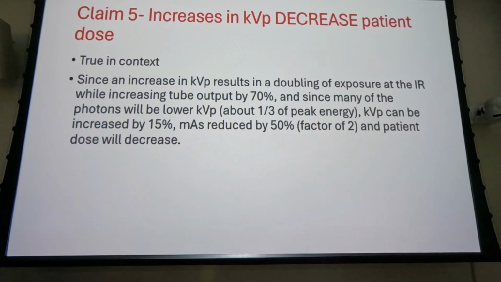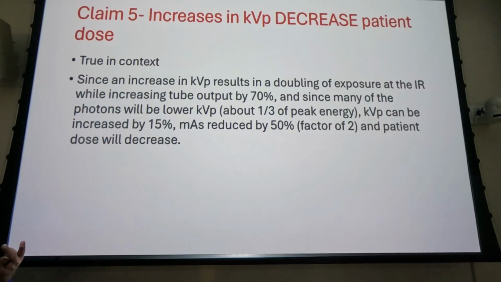So if an increase in kVp increases tube output by 70%, but doubles image receptor exposure, what that means is more of that increase is going through the patient and striking the image receptor, not being absorbed into the patient. What type of interactions in the patient drive patient dose? Number 1 is total absorption, which is photoelectric, right?